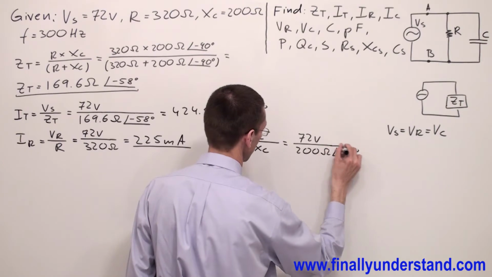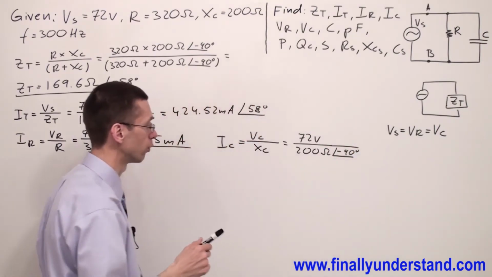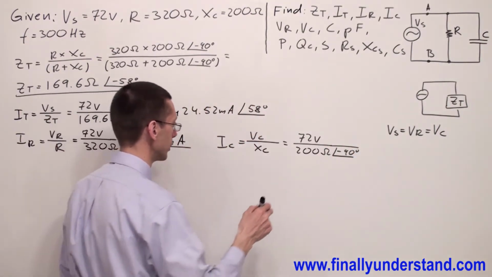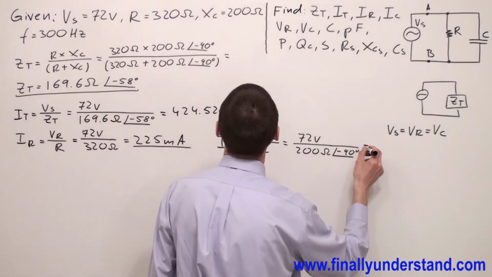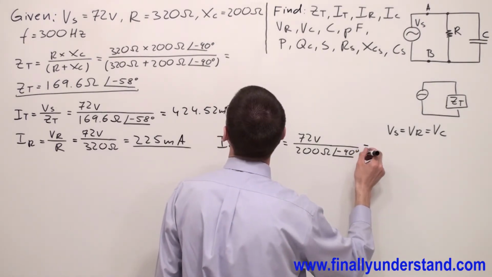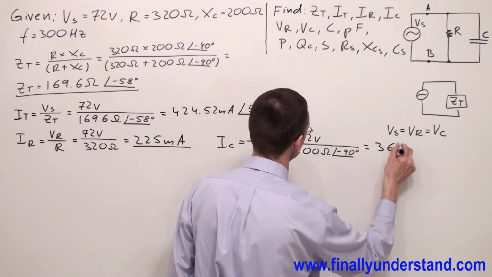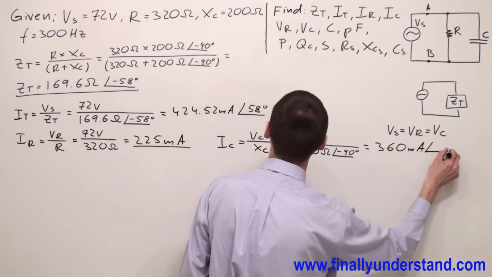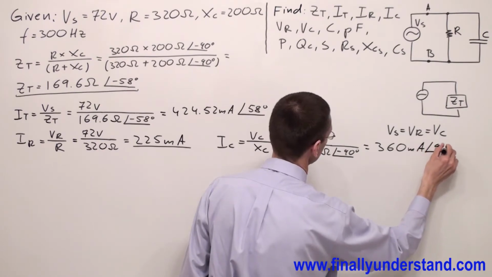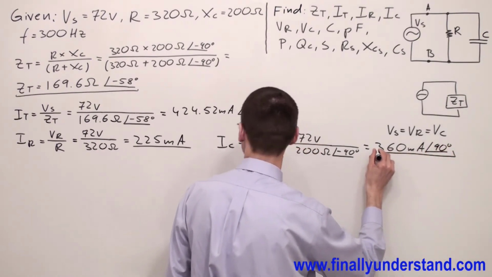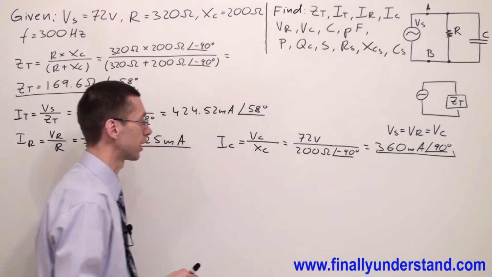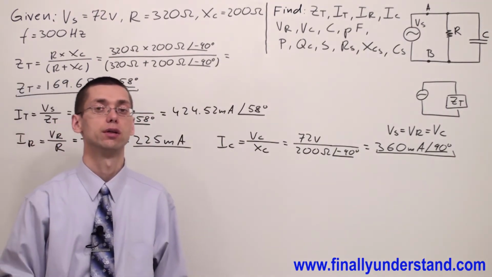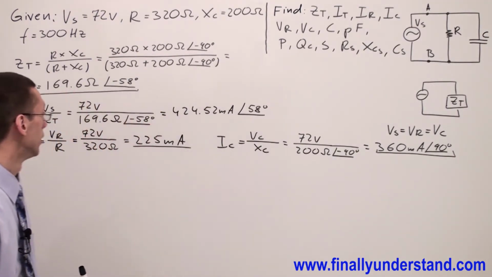Don't forget that X of C always goes with an angle of negative 90 degrees. So IC is equal to 360 milliamps, an angle of 90 degrees. So this is the current which goes through the capacitor.